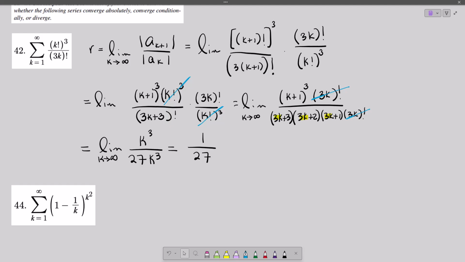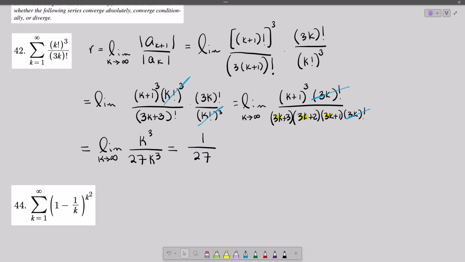So the next question is, what does this mean? The 1/27th, what does the ratio test tell us? If this value is less than 1, what happens? Converges. Just like the geometric series. Do not forget, geometric series is so vital. You have to have this in your mind down pat. If the absolute value of r is less than 1, you have convergence.